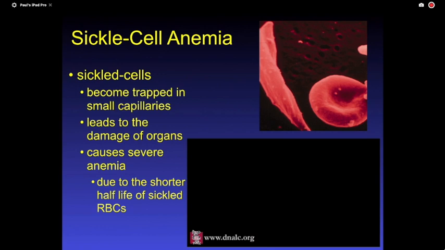Okay, the cell's only this big, and if that tube gets bigger and bigger, it distorts that round red blood cell into the sickled blood cell that we see.